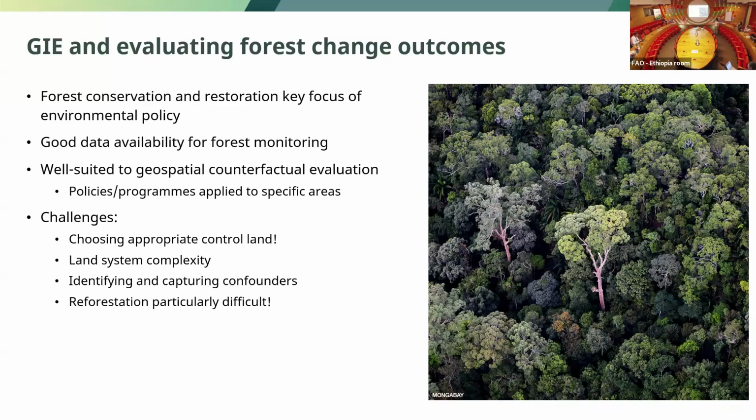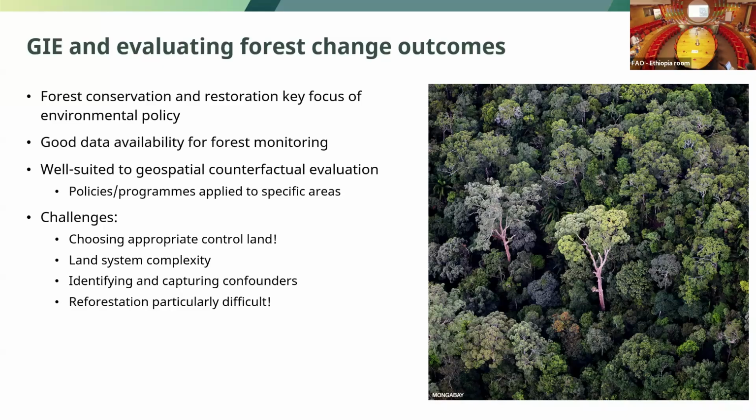But there are challenges. Some of them have been discussed in more detail in earlier sessions, but choosing an appropriate control is one of the major challenges. When you're looking at forest conservation projects, the area they are applied to is very clear, but for the areas that don't receive the treatment, there are no well-defined control areas.